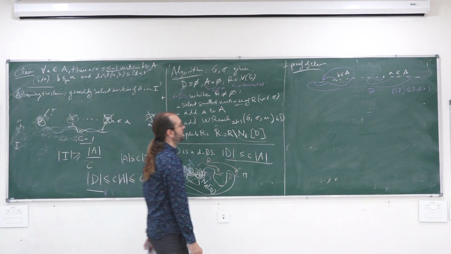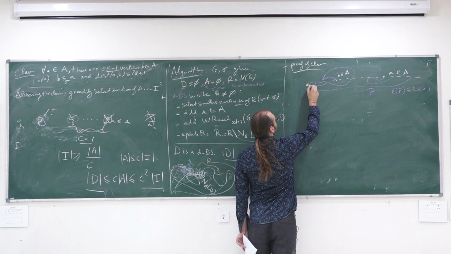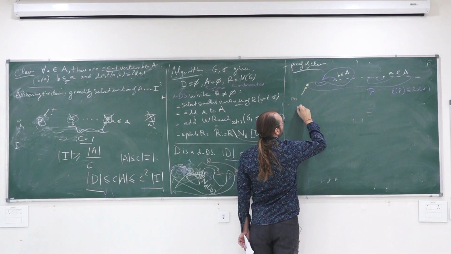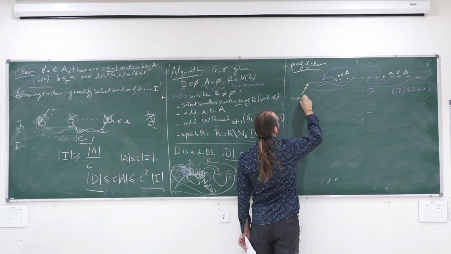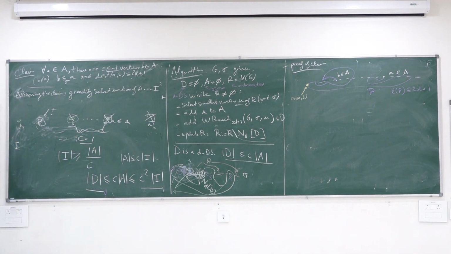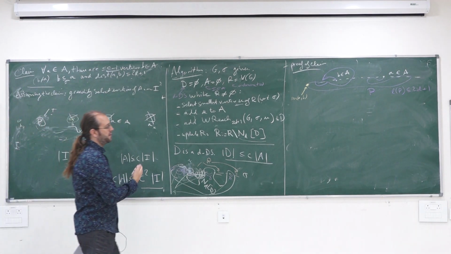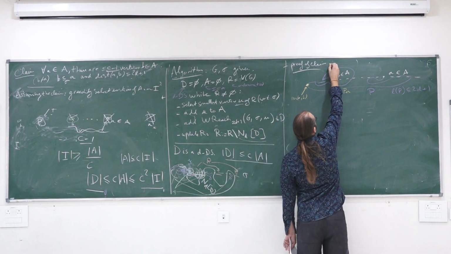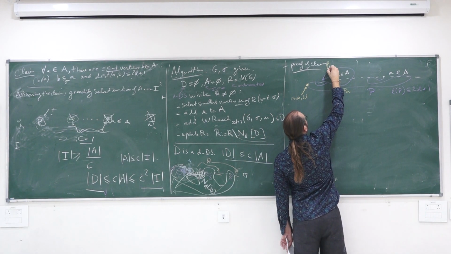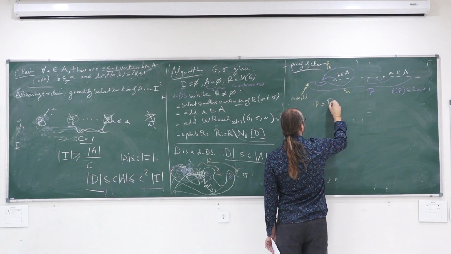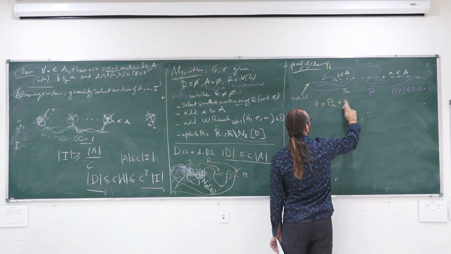Let's look at the minimum vertex on this path. Let's call it the minimum of A. Thanks to this minimum, I can now decompose my path into two. I have PA, which is this part, and PB, which is this part, okay? P is PA concatenated with PB.